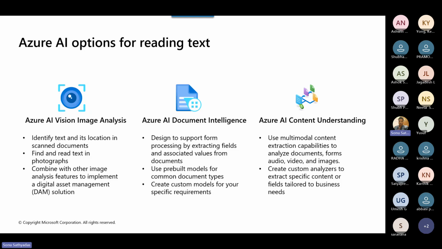Because if I have to do object detection or generate a caption, plus I have to store the text information also, I don't need two different services, because the vision service is capable to generate a caption. Also, it is capable to extract the text data from the image. So using a single service, you are able to do image analysis as well as the OCR.